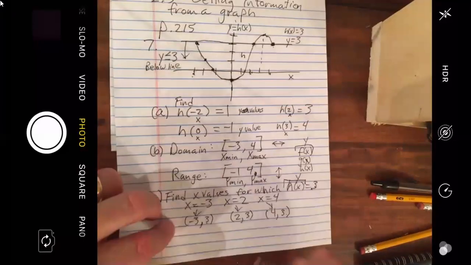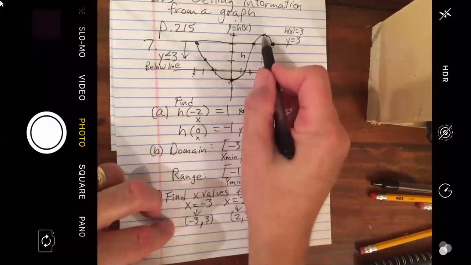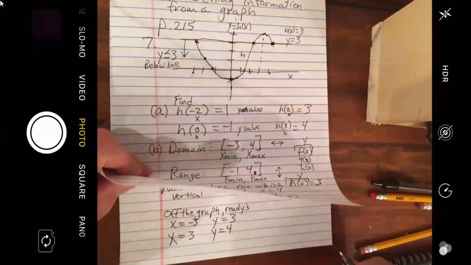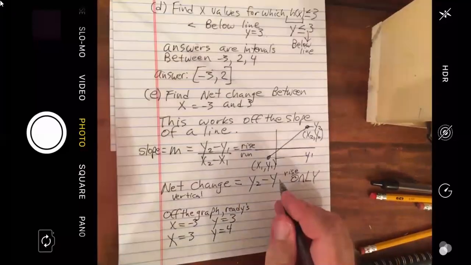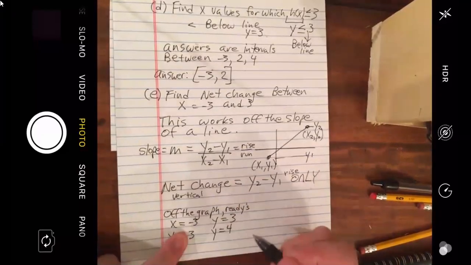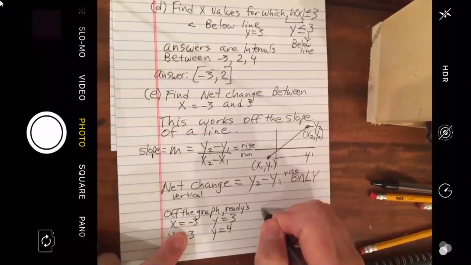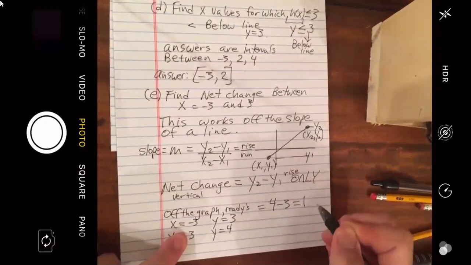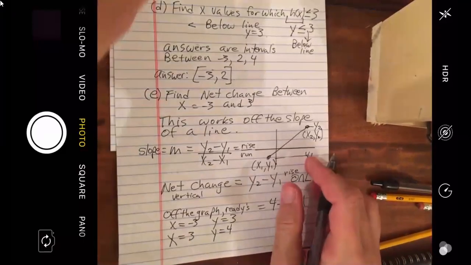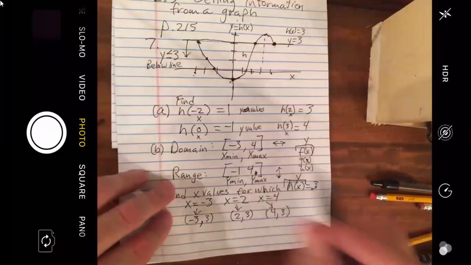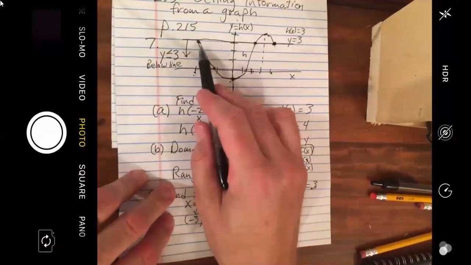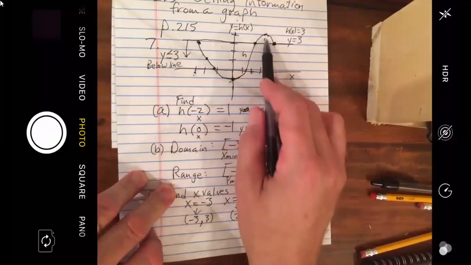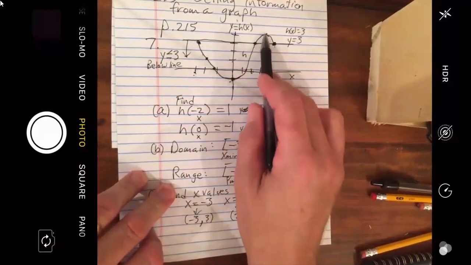At x equals 3, the y is 4. And usually you do it from largest x to smallest. So for this one, we would make this 4 minus 3, which is 1. You can see it from the graph. The net change from x equals -3 up to 3, you go from 3 up to 4, your difference is 1.